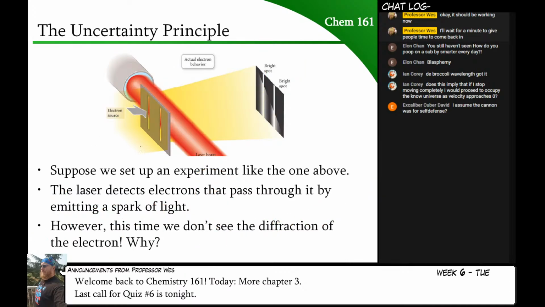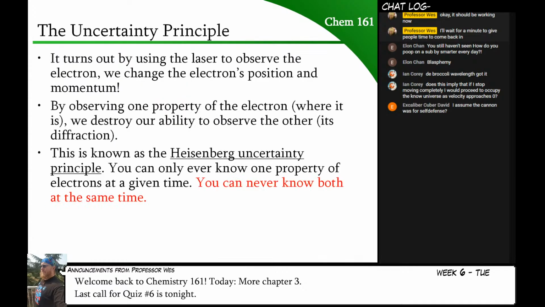The Heisenberg uncertainty principle just says you can't know two things about an object at once. Because when you make the first measurement, you destroy the state of the object and can no longer observe the second property in the initial state.